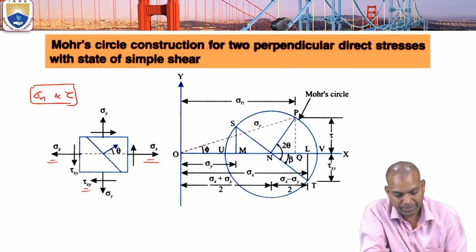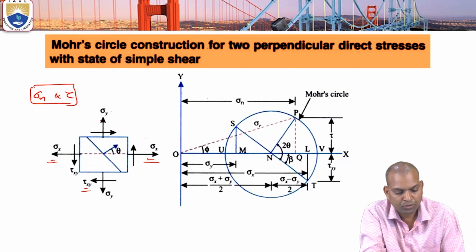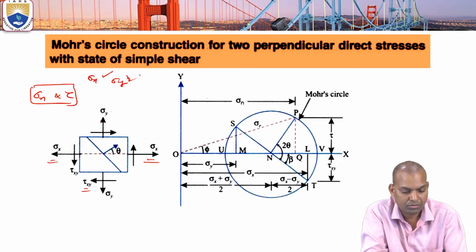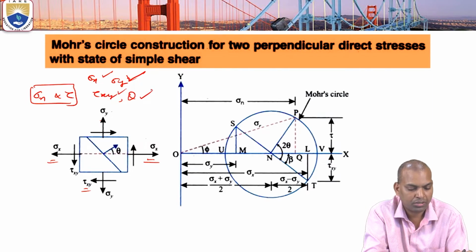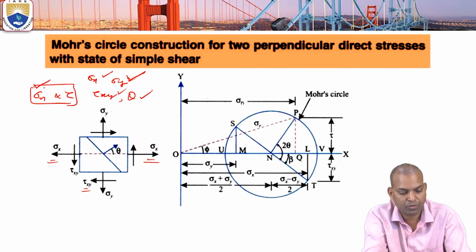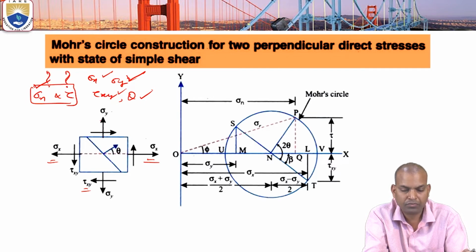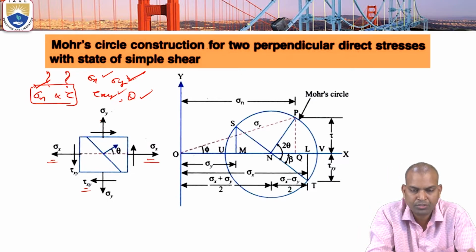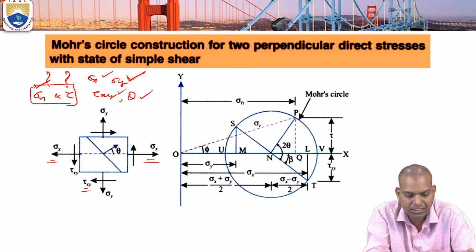In the Mohr circle method, first, sigma x, sigma y, tau xy and theta are known values. The unknowns, sigma n and tau, are to be found. First, for the known values, take a linear scale. Suppose stresses sigma x, sigma y and tau xy are in Newton per meter square, and this is converted into a linear scale.